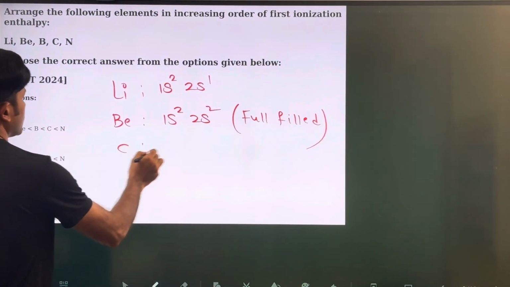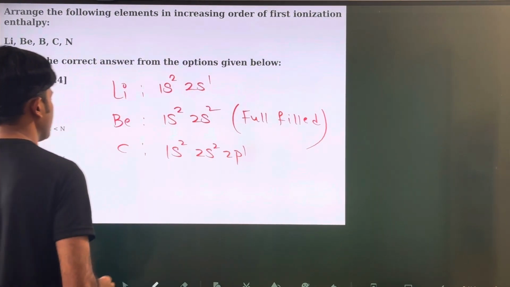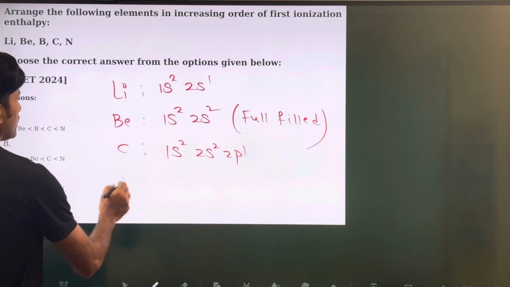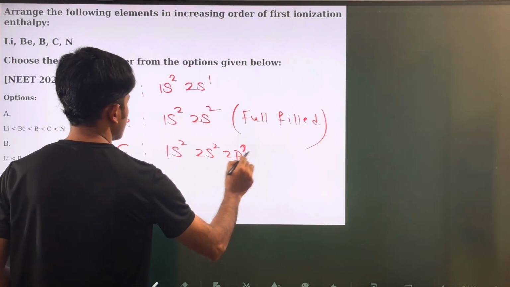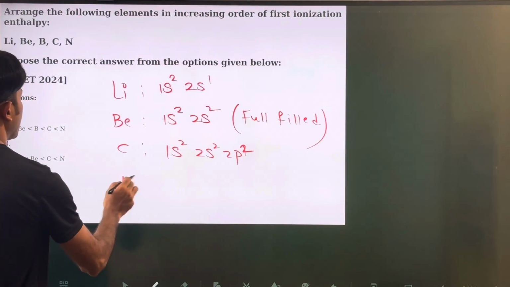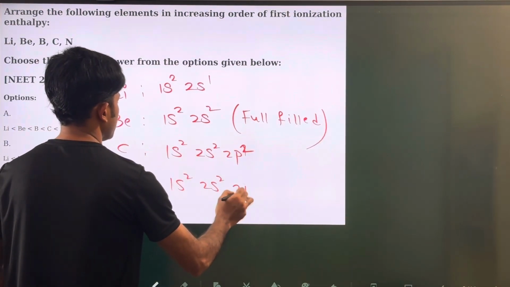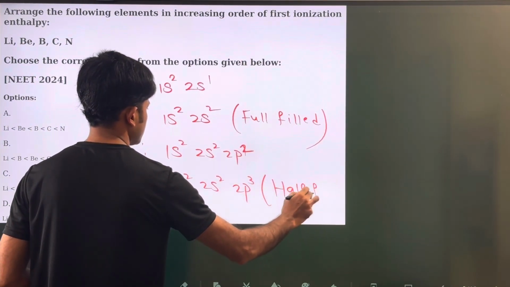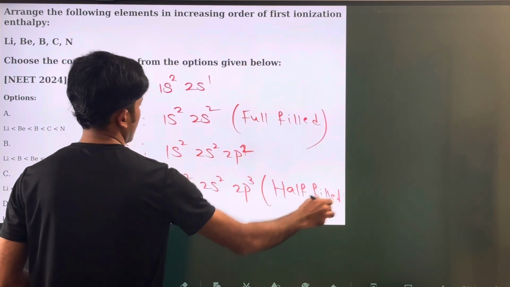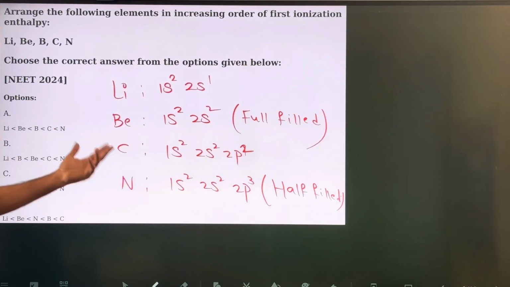Carbon atomic number is 6, so 1s2 2s2 2p2. Nitrogen is 1s2 2s2 2p3, which is a half-filled configuration. Half-filled configuration has more ionization energy compared to the other elements.